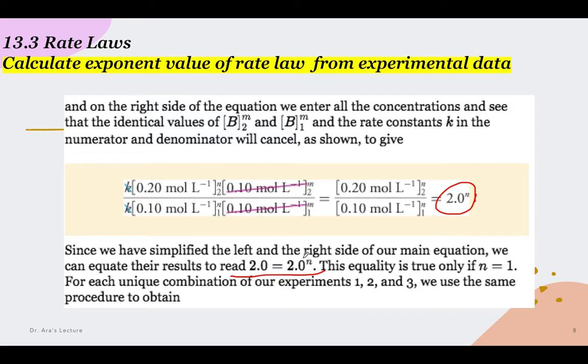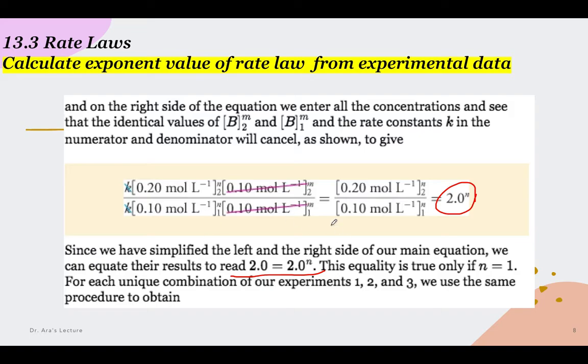So if we can find the ratio of rate of overall reaction between two experiments with changing concentration, either with respect to A, B or vice versa, then we have to find the equality of the left rate ratio and the concentration ratio.